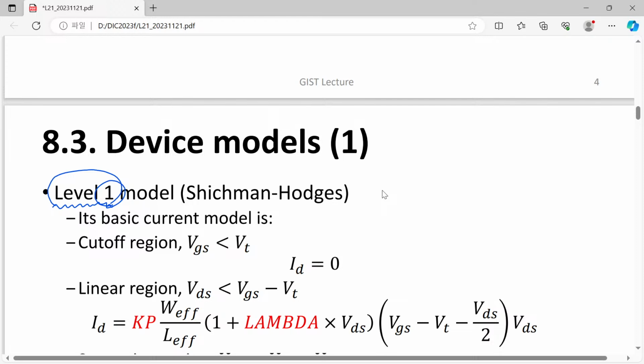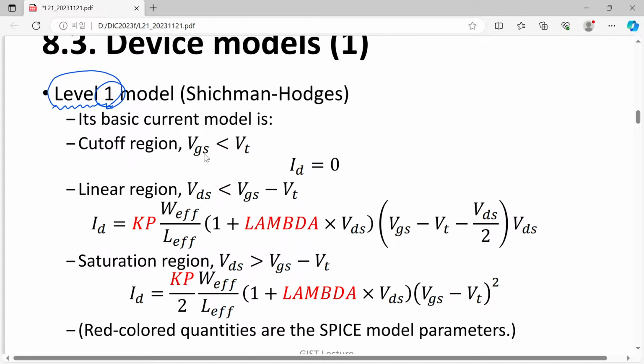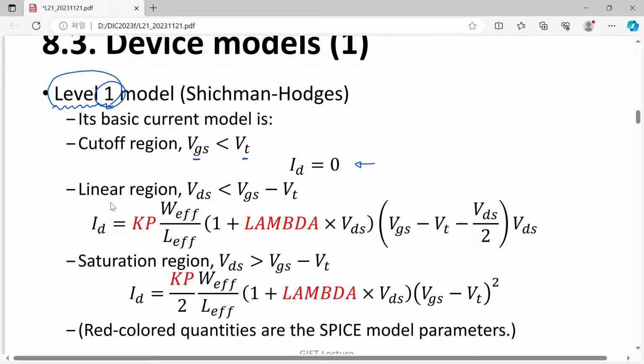Its basic current model is quite simple. When the gate voltage is lower than the threshold voltage, the current is 0. Yes, we have seen it before. How about the linear region? Of course, the gate voltage is now higher than the threshold voltage, but we still have low drain bias. In this case, we have this form.